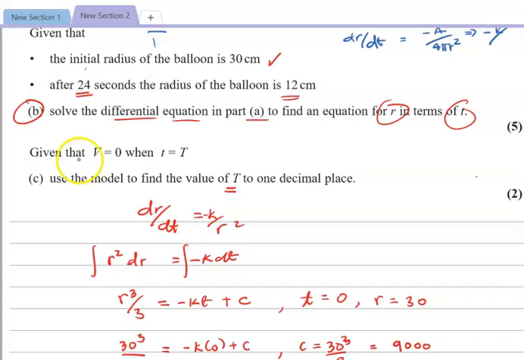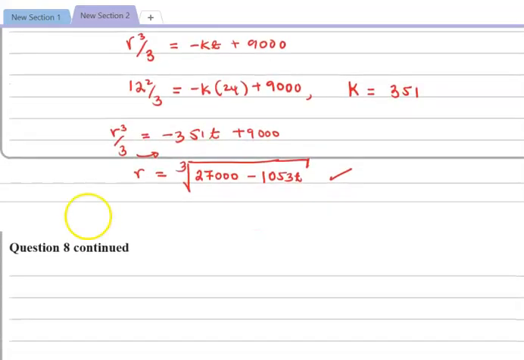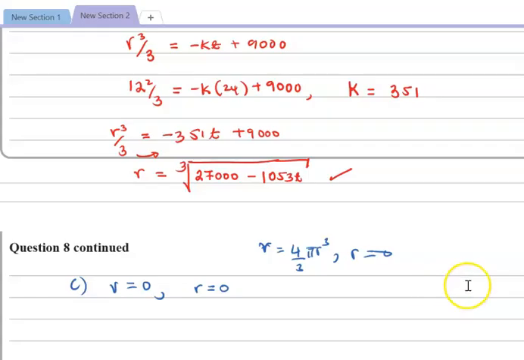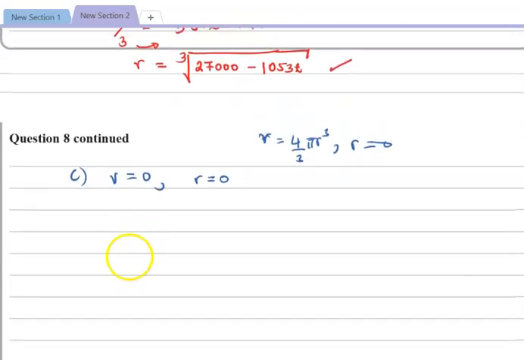Part C says given that V is equal to 0 when t is equal to T, find the value of T. So T is when V is equal to 0. We have the formula for r. But if V is equal to 0, that can only happen when r is equal to 0, because V is equal to 4 over 3 pi r cubed. So for part C, we just find when r is equal to 0.